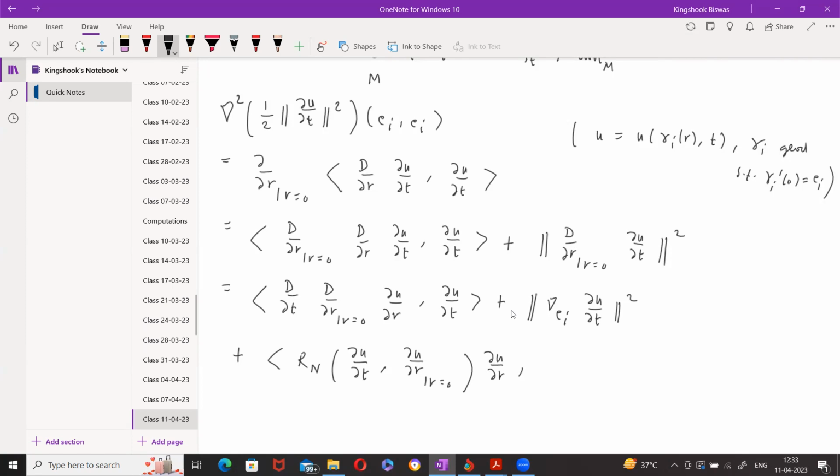And then I have ∂u/∂t, at r equal to 0. Is this okay? Yes?